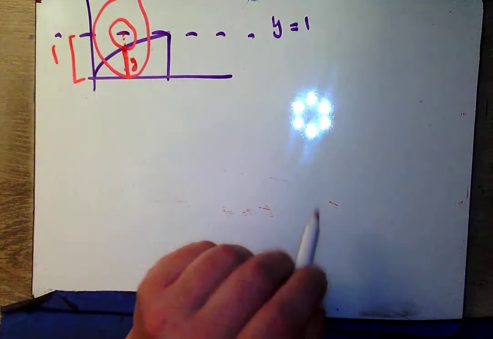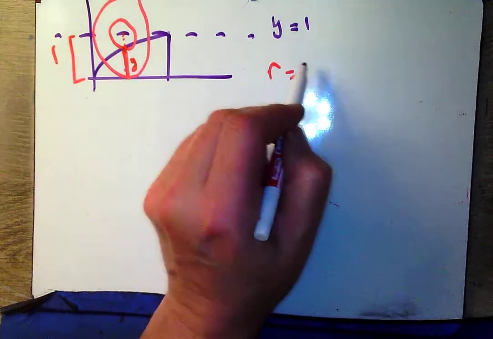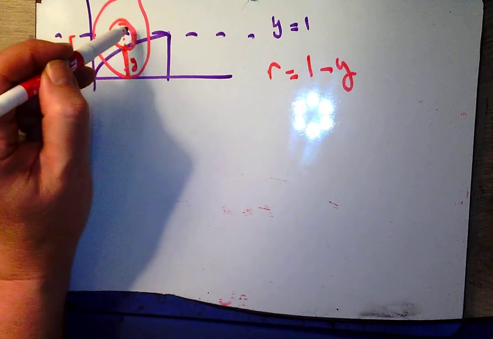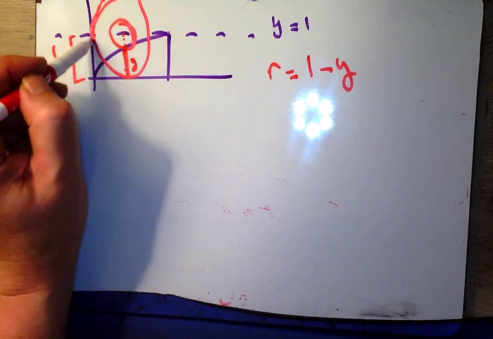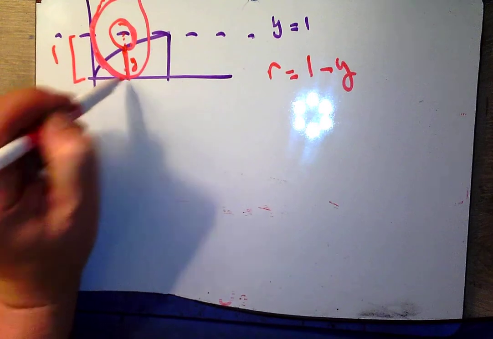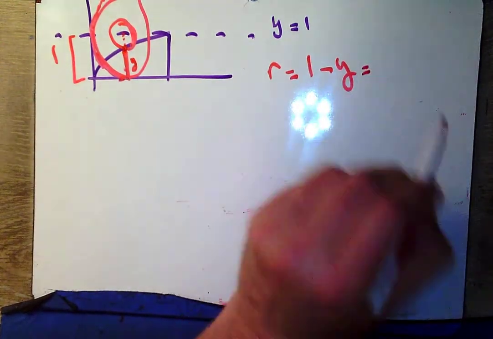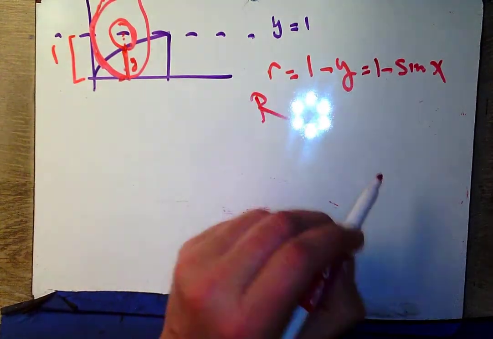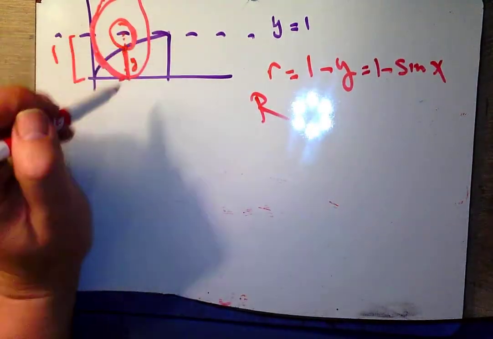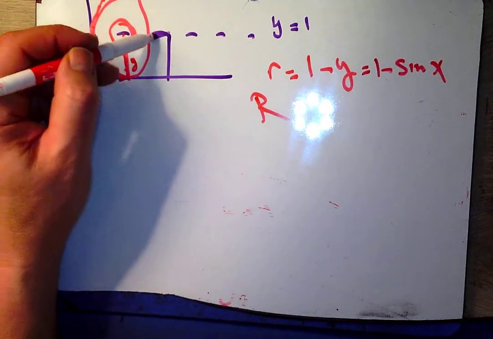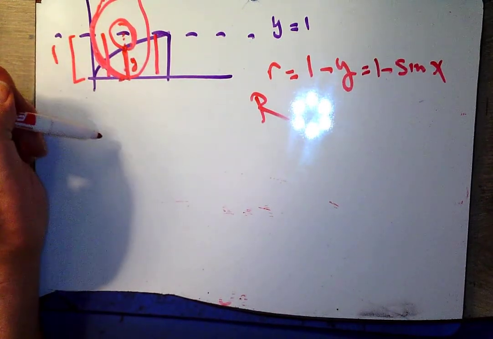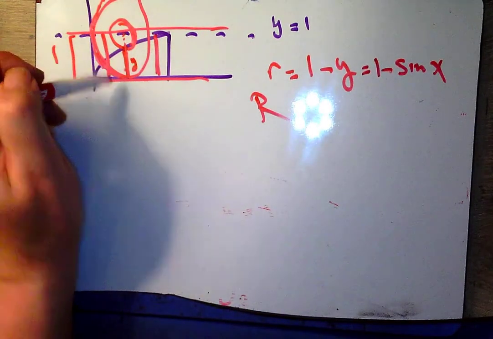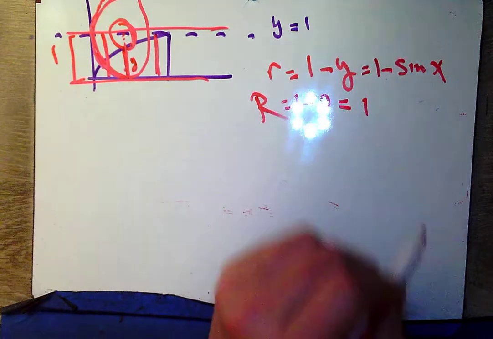So what's little r? Little r is going to be 1 minus y. However, this thickness is a horizontal thickness, so I need x stuff here. Okay. Now what about big R? Well, regardless of where I draw this shape, big R is a constant. It's 1 minus 0 to get this length, 1 minus 0 or 1.